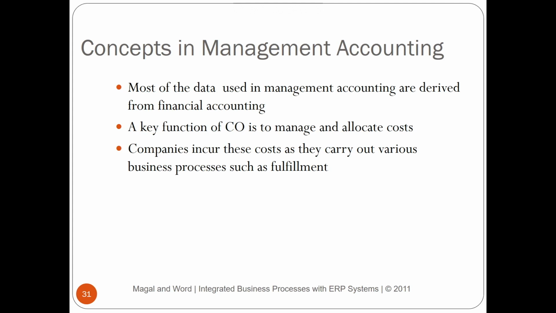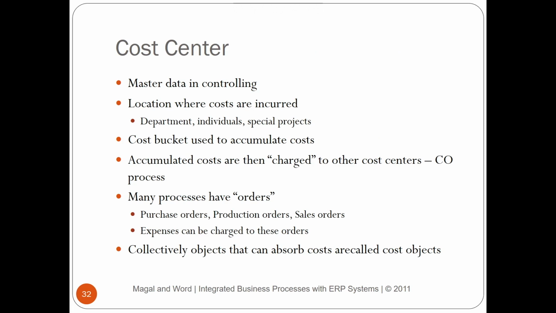For example, the fulfillment process involves the costs related to selling products and services, and the production process involves the costs associated with manufacturing products. Other costs include the supplies, maintenance, and equipment that are consumed by various processes. And the cost center is associated with the location where the costs occur.